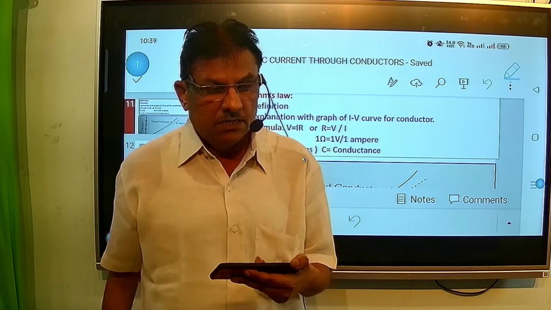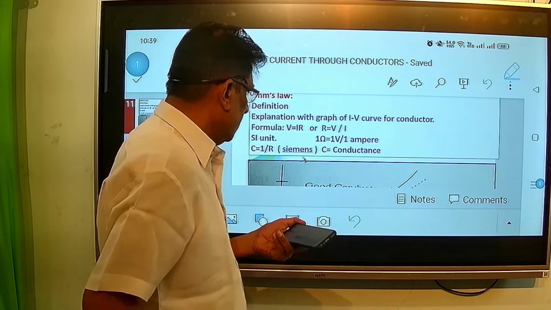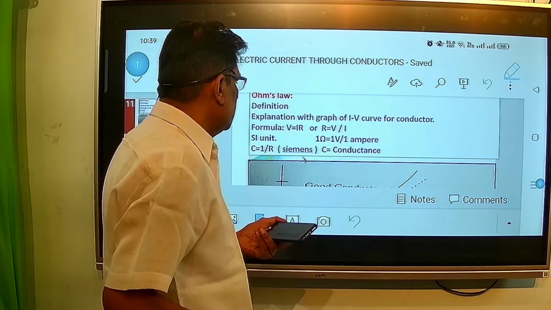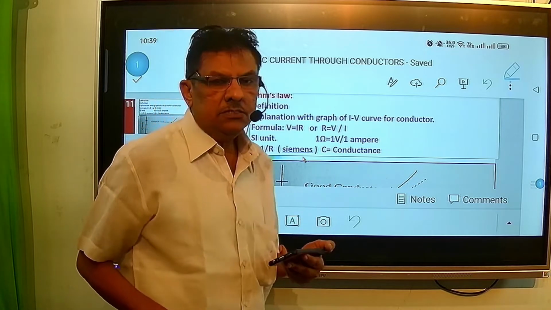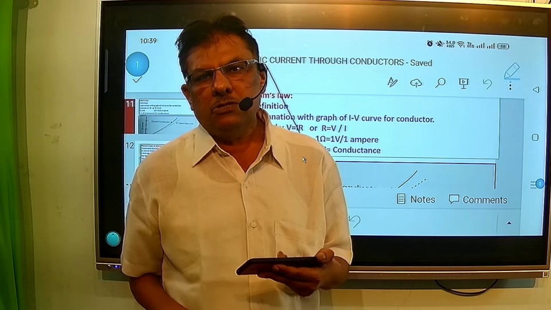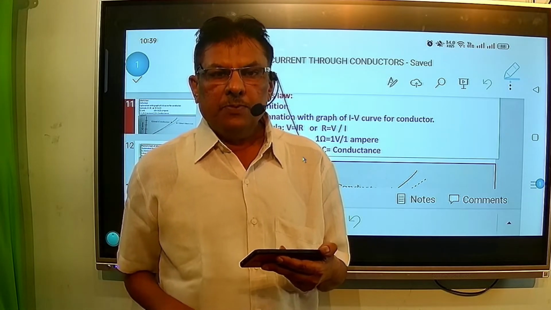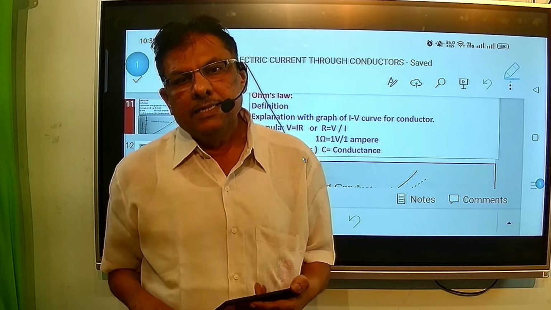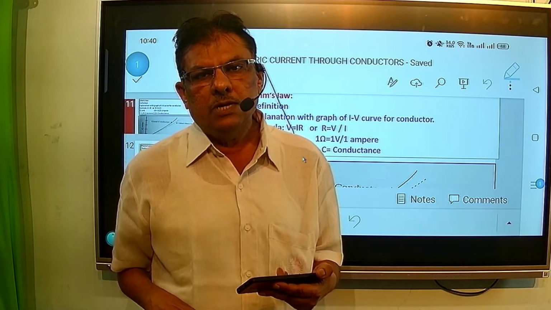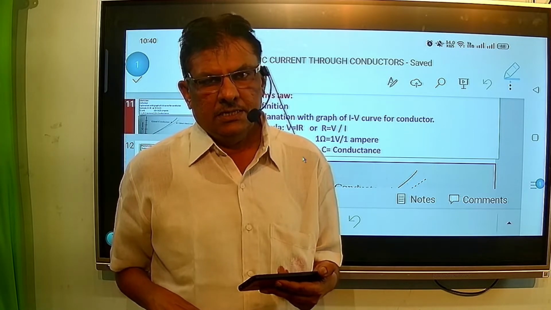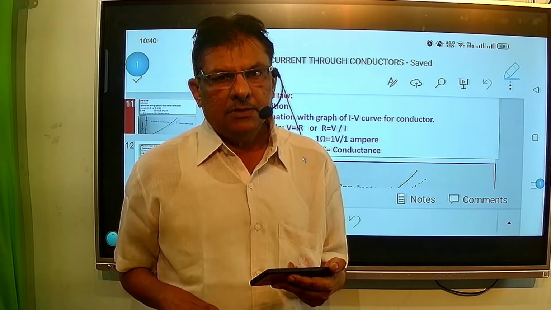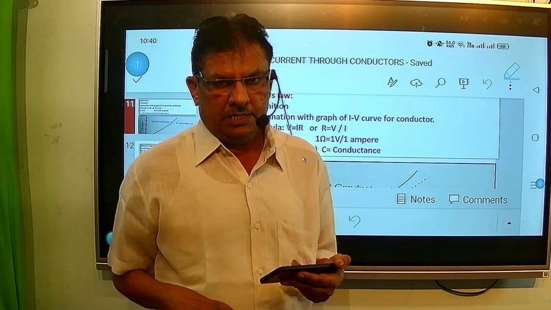Here on the screen we find that V is equal to IR, because when we replace the proportional symbol, it is replaced by an equals sign with a constant. That constant is termed R, and this R is nothing but the resistance of that material.